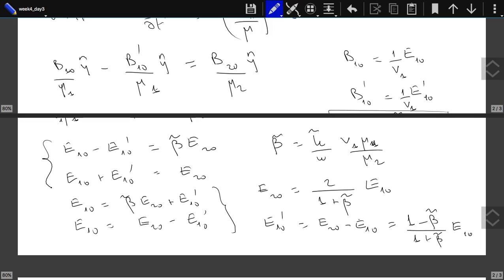So this is just twice E10. And this combination is a finite quantity in a very good conductor only if E20 is almost zero. That also tells me that E10 prime and E10 should be of opposite sign.